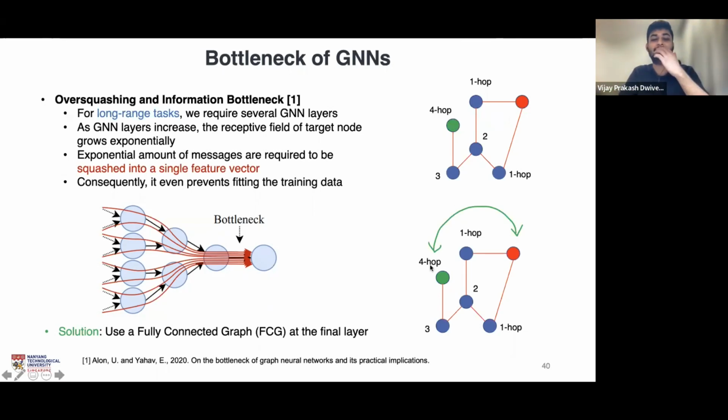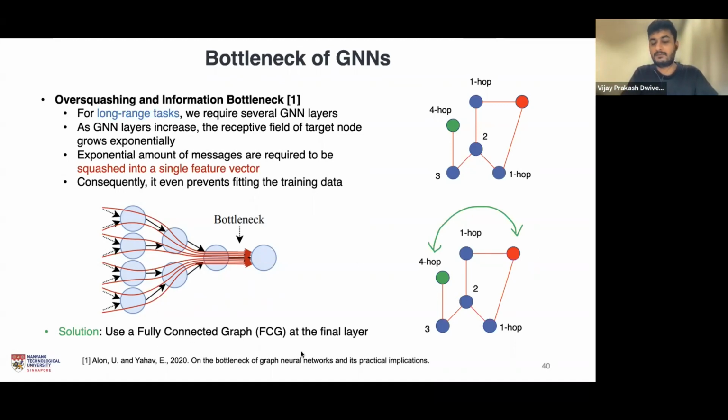The solution is, after performing L number of GNN layers, you could simply perform a full connection at the final layer. So in the final layer, we have a fully connected graph where a node is connected to each other node in this graph. This will help to propagate information that would have gotten lost during over-squashing.